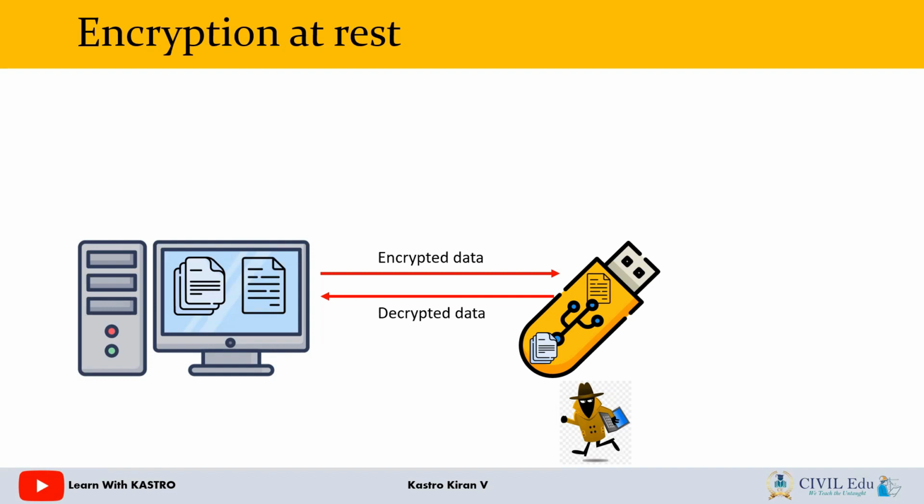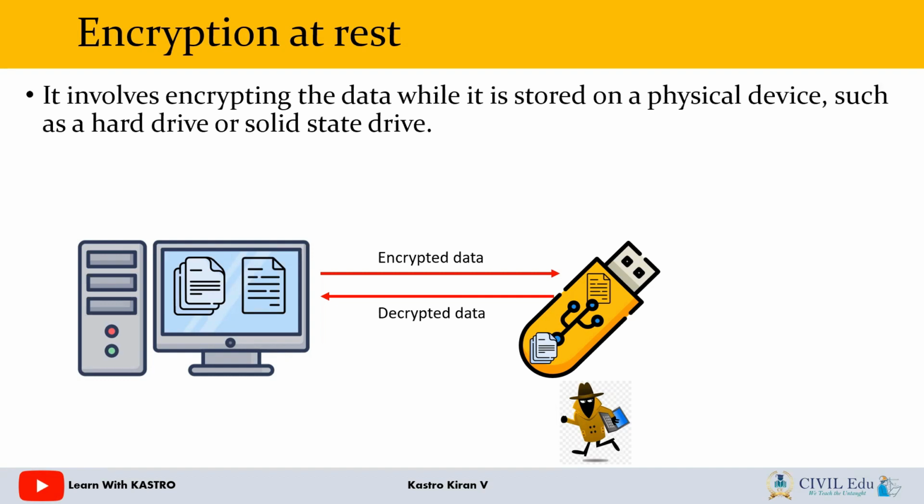To keep it simple, encryption at rest involves encrypting the data while it is stored on a physical device such as hard disks, SSD drives, pen drives, or memory cards, whatever it is. So that's called encryption at rest. When you are storing the data on any external device, you will store the data in the form of encrypted data. As I mentioned earlier, in order to encrypt or decrypt the data, we need an encryption key.